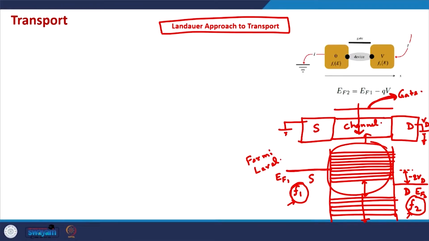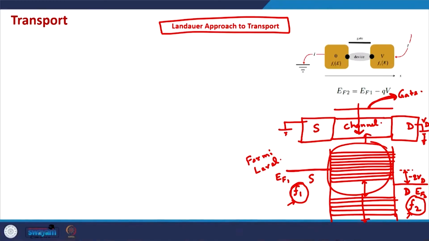However, just to point it out here, if the number of electrons that are traveling from the source into the channel is huge or significant, and this number is comparable to the total number of free electrons in the source terminal, in that case this current might change the distribution significantly, and we cannot use these distribution functions when the current is flowing in the system.